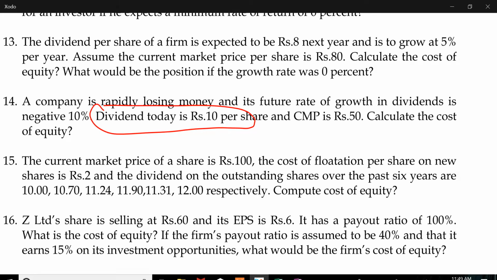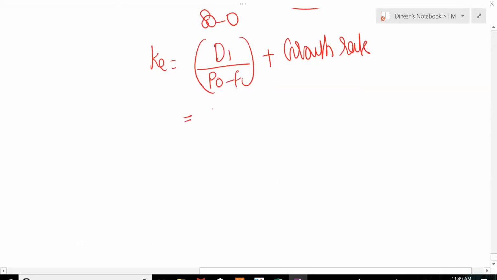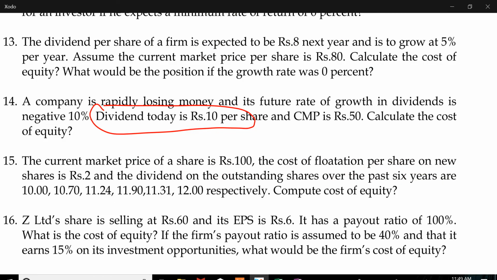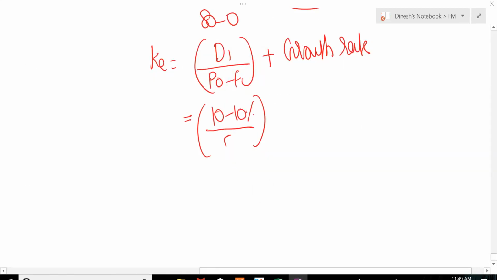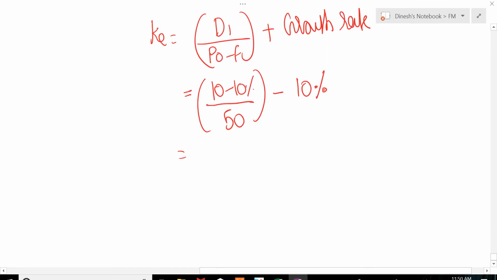Dividend today, D0. Now 10 minus 10%. Normally I'll add growth. In this question it's a negative growth. 10 minus 10% divided by current market price 50 minus negative growth. So I have done minus.